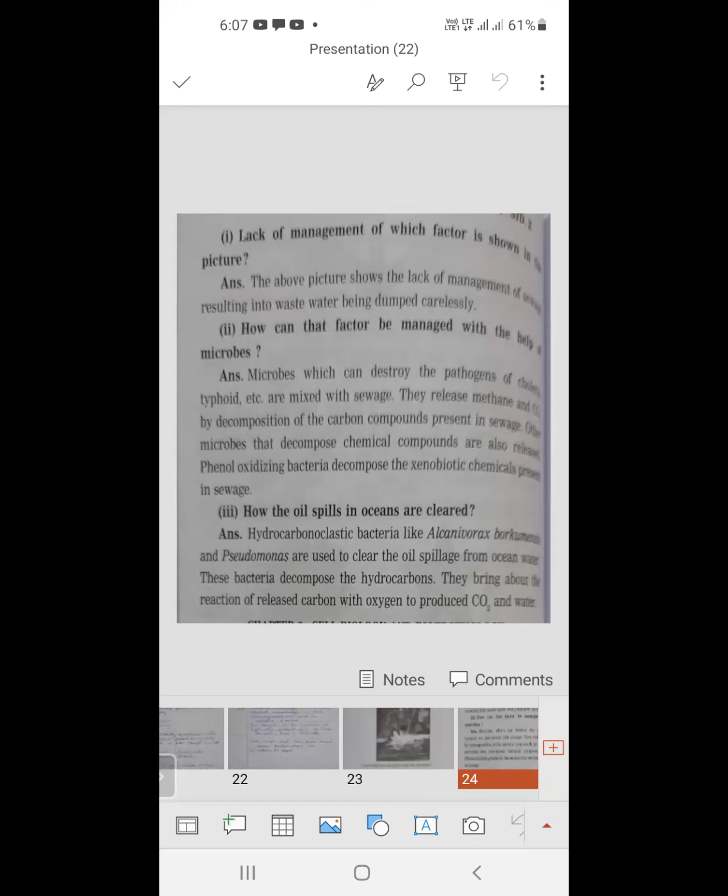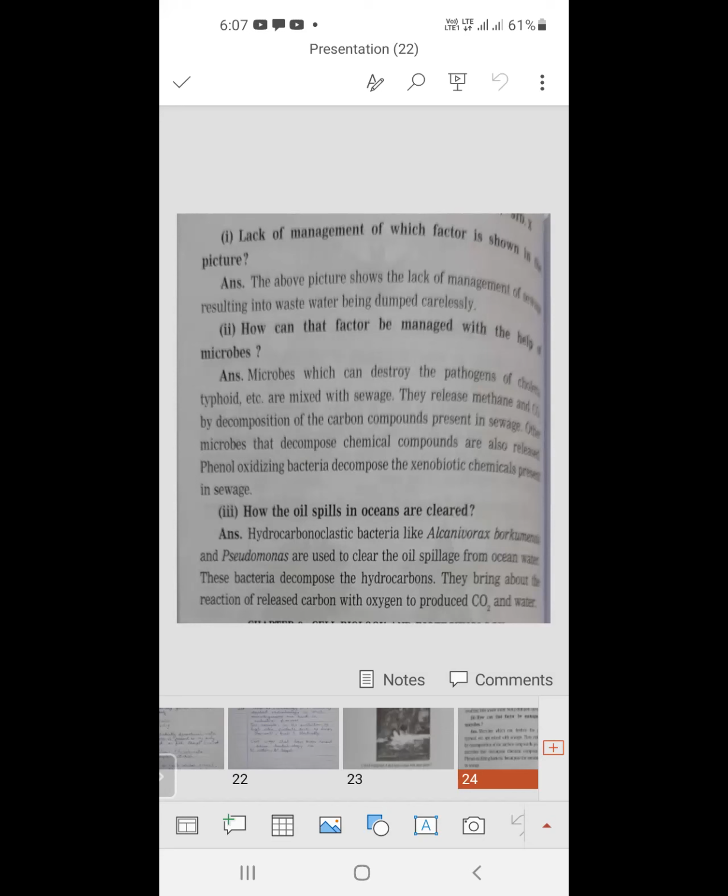Next question: how can that factor be managed with the help of microbes? The answer is that microbes can destroy the pathogens of cholera, typhoid, etc. that are mixed with sewage, and they release methane.